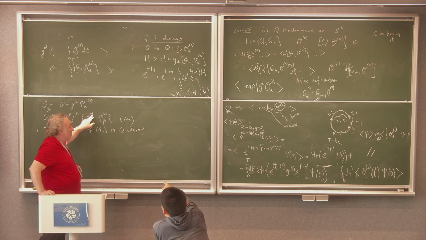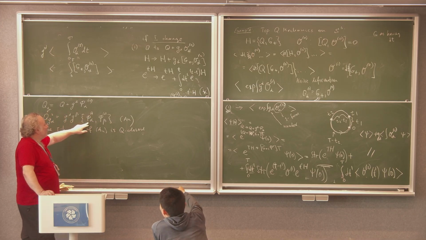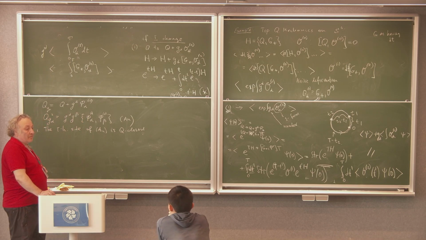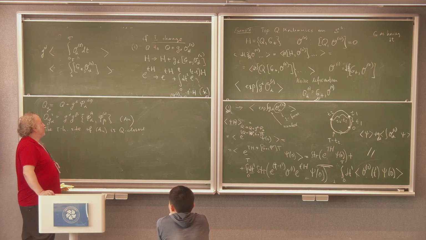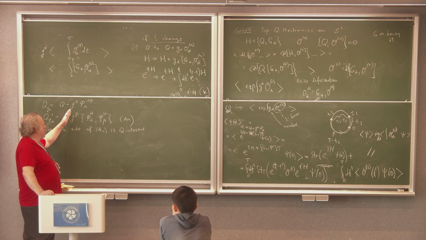So their anti-commutator is not simply 0. It's not zero. But you see here, if we assign G alpha to be an odd formal number, then this Q squared... So if you like G alpha to be odd, then here you will have a commutator.